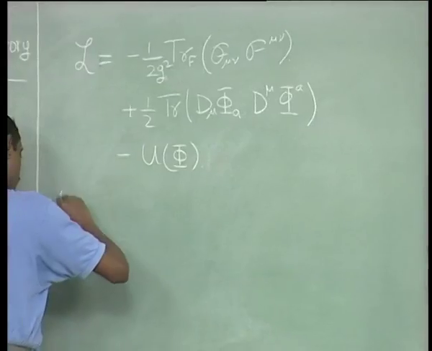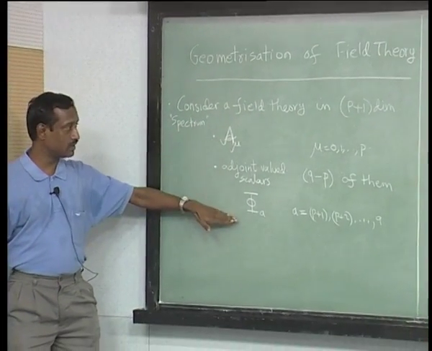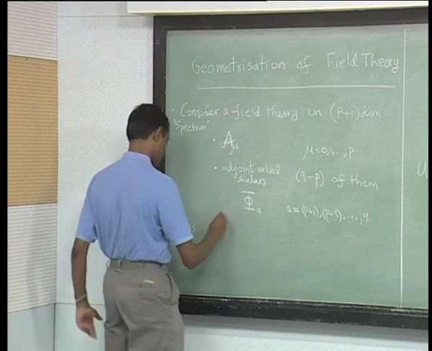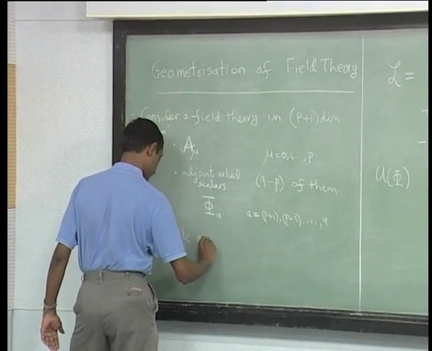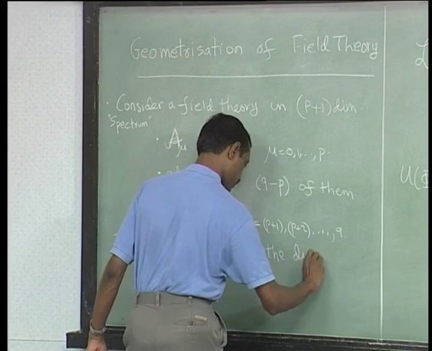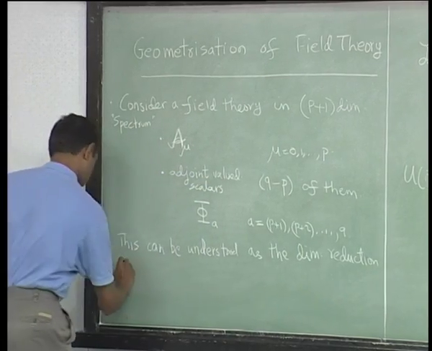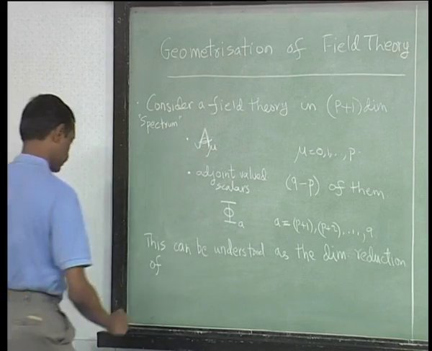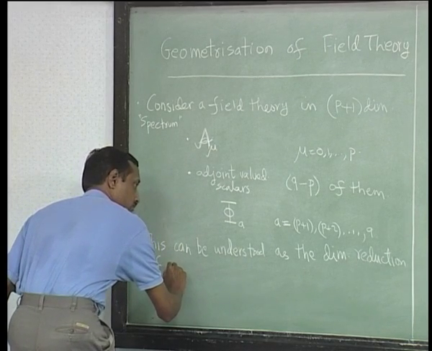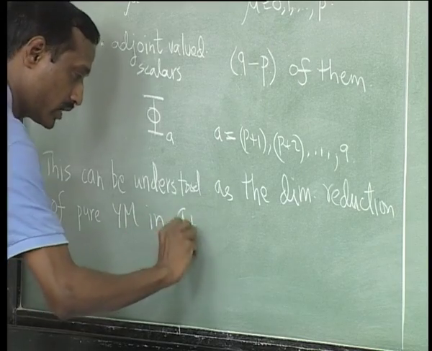Now, I need to give you U of phi. By the way, we can also see that this spectrum can be obtained by dimensional reduction, as we have seen before, starting from pure Yang-Mills gauge theory in 9+1 dimensions.